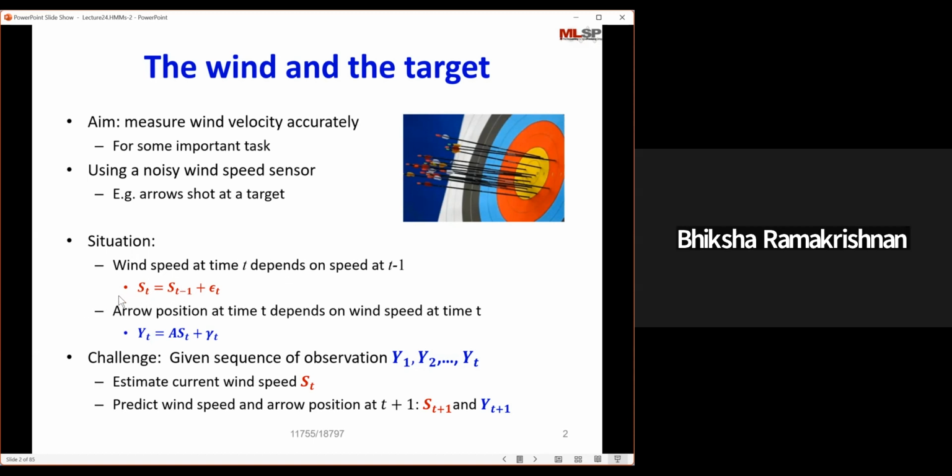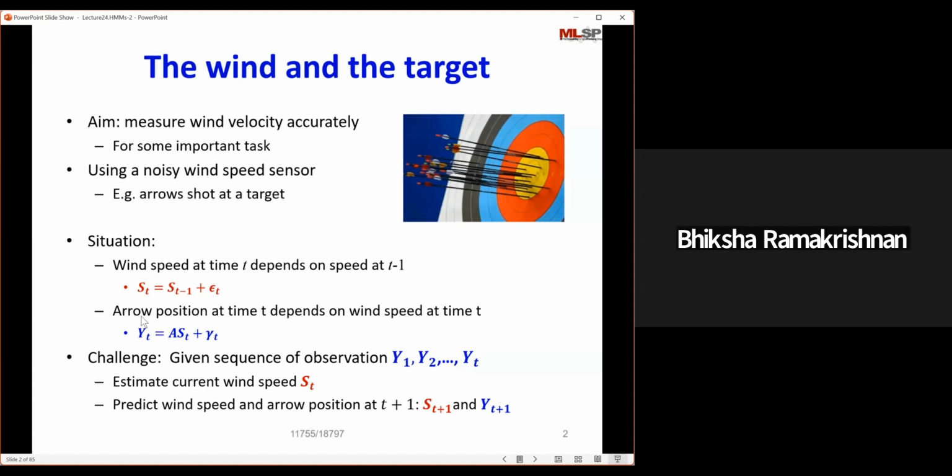And in our example, the wind velocity at any time was the same as the velocity at the previous time plus some noise whose statistics we knew. And the arrow position at any time depended linearly on the wind velocity and could also be modified by some noise, the accuracy with which you shot.